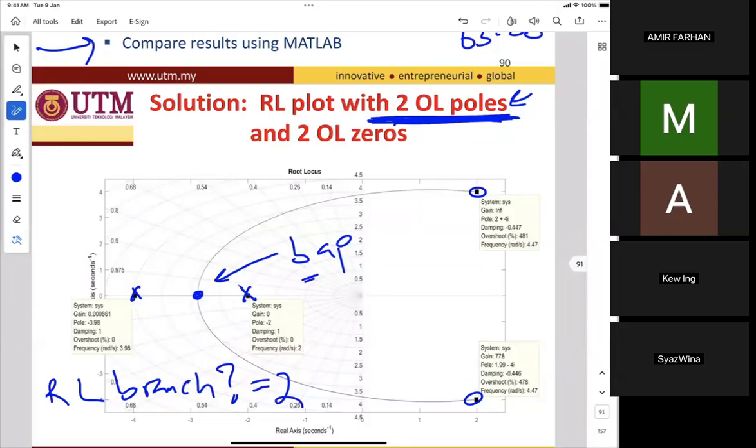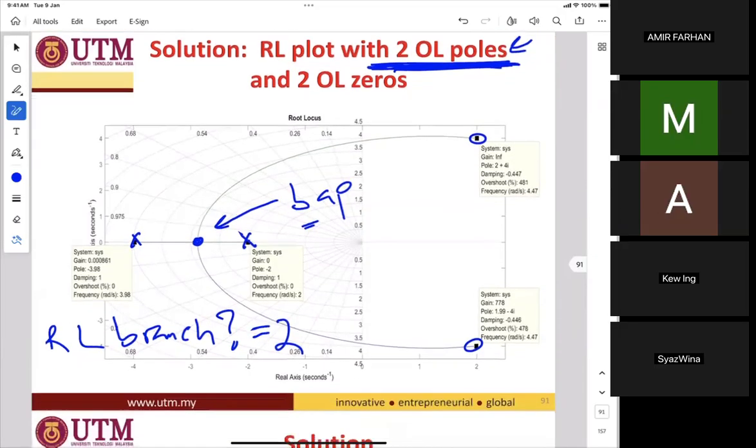What is the estimation of breakaway point from the negative locus? Negative 2.9, more or less. Look here.